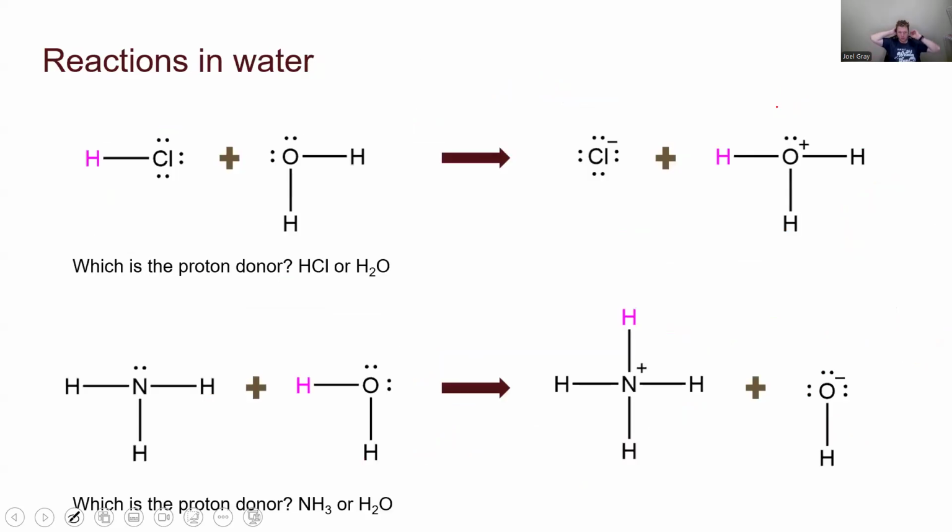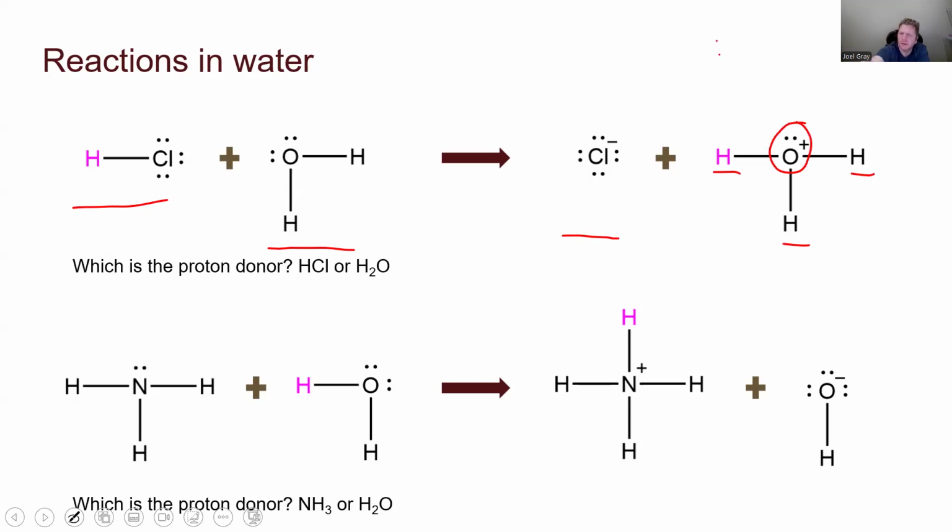Okay, so here what we have is a pair of reactions in water. And these reactions are HCl and H2O. And what do we get from those? We get Cl minus, and oh man, what on earth is that? O plus.